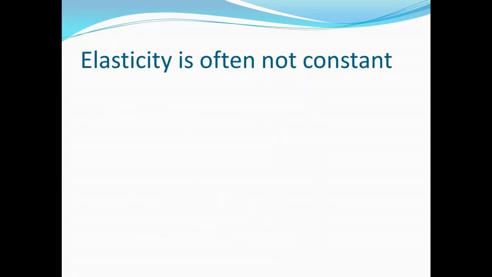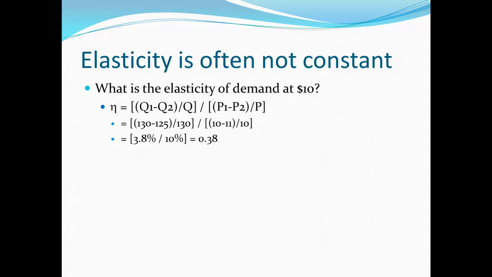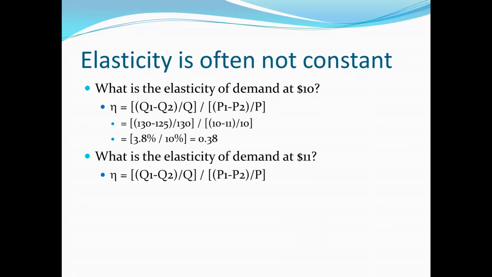Now, one point that I want to make is that elasticity is typically not constant along a demand curve. In fact, it will change at different points. So here we have the elasticity at $10. What about at $11? Well, here we use exactly the same formula. It's the same 130 minus 125, but now instead of dividing that by 130, we're dividing by 125.